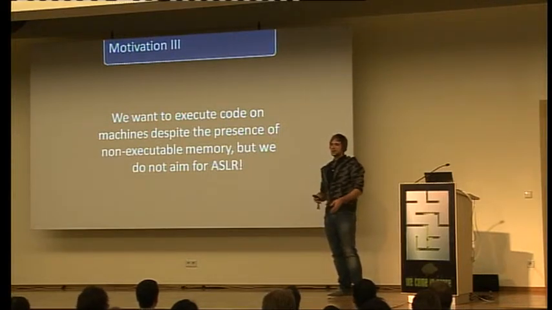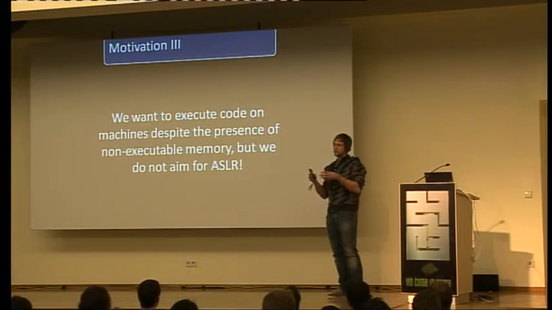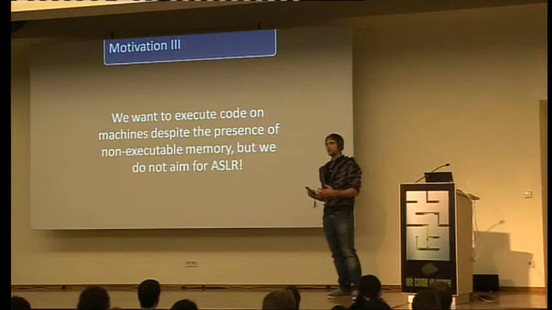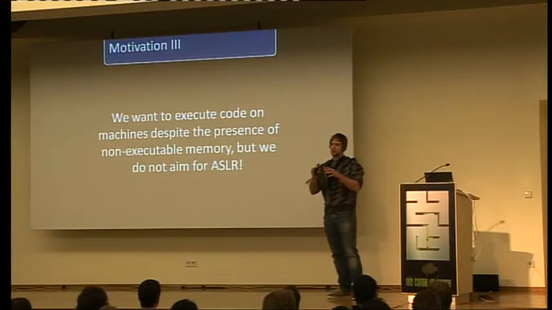So given that you use return-oriented programming or any other code reuse technology, the main issue is that you can only defeat one specific part of the defenses with it, and that is the memory protection so that data cannot be executed.